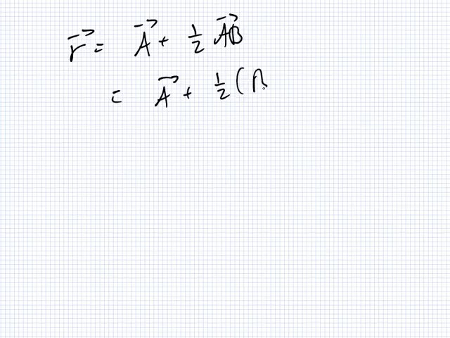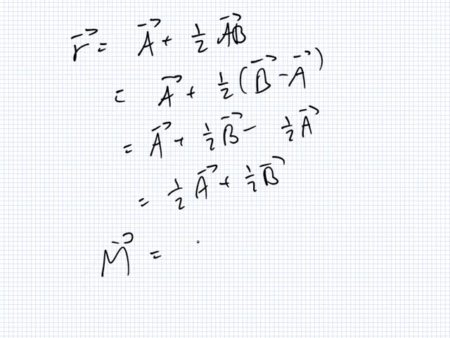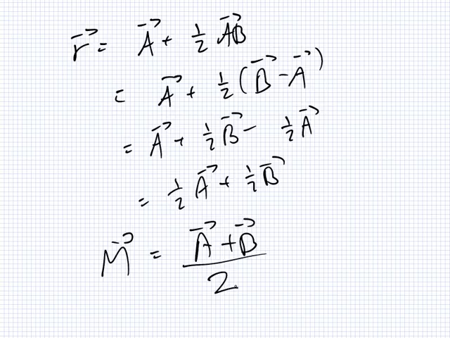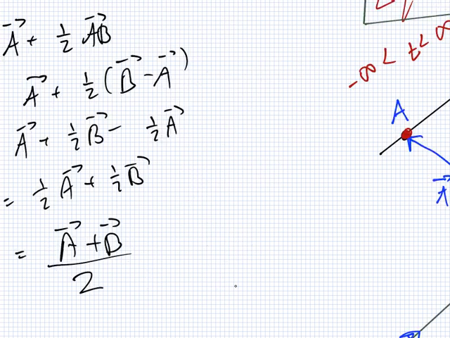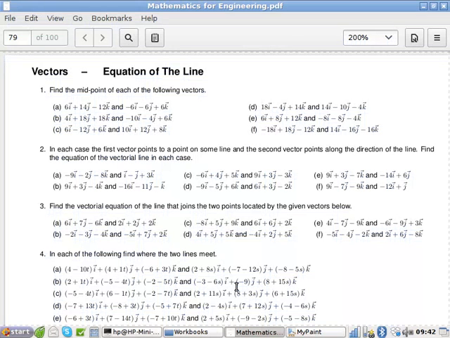That's a half B minus A, which is A plus a half B minus a half A, which is a half A plus a half B. No surprise that's the midpoint. I would prefer to say A plus B over 2. We saw this in semester 1 when we said the middle of 2 points is the average. So I just wanted to say that it's the same as semester 1. There's no surprise here.